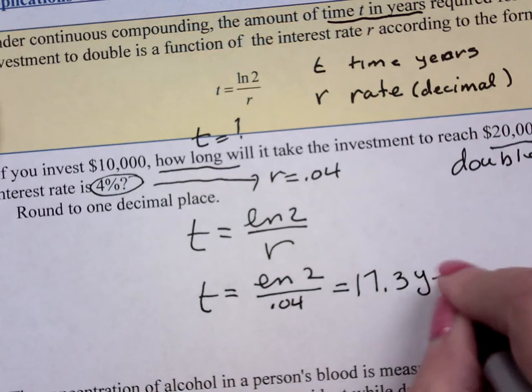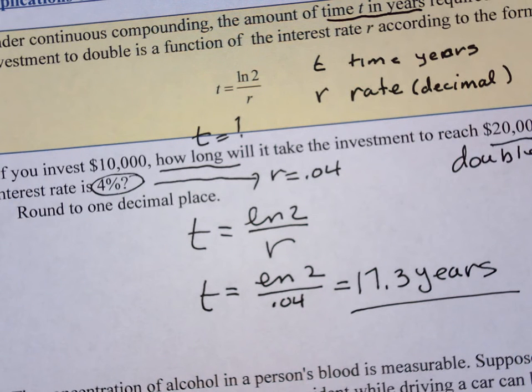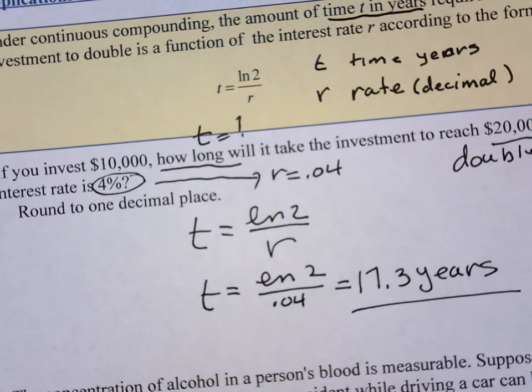Years. Don't forget your units. So 17.3 years in order for $10,000 to double to $20,000 at 4%.